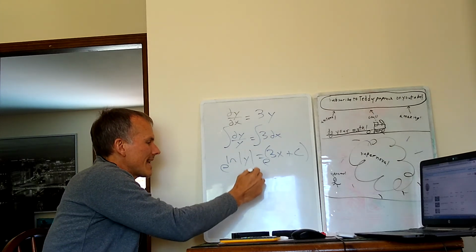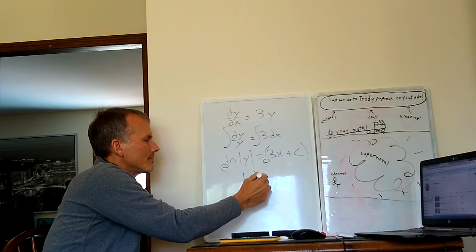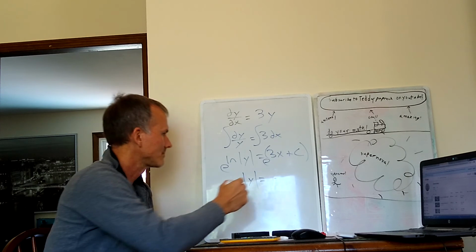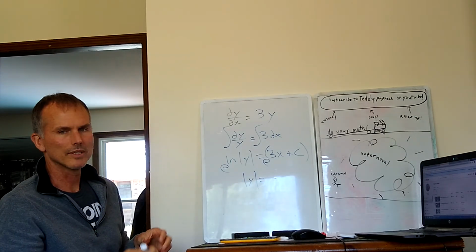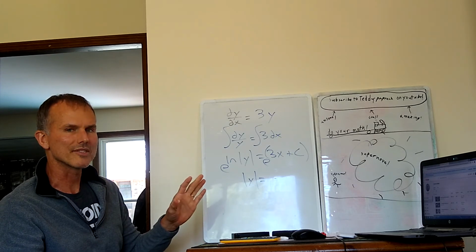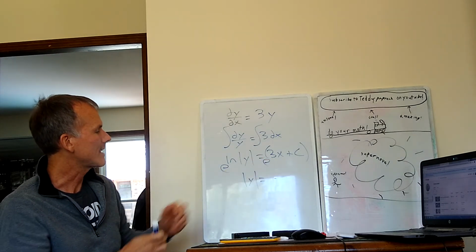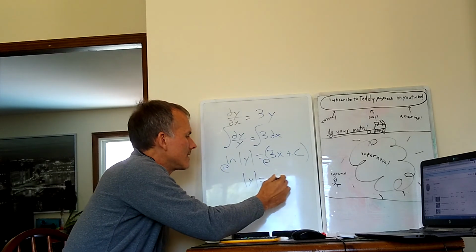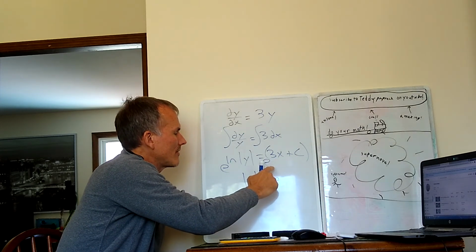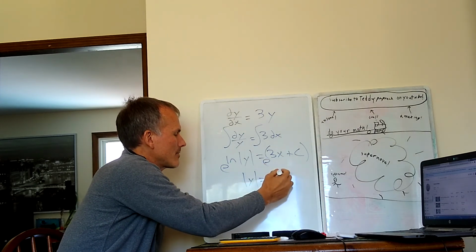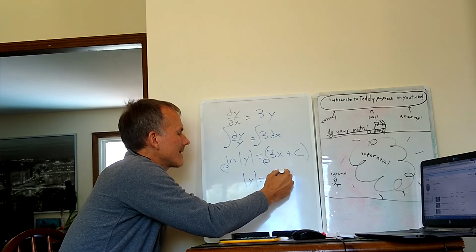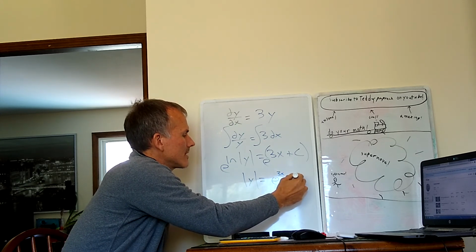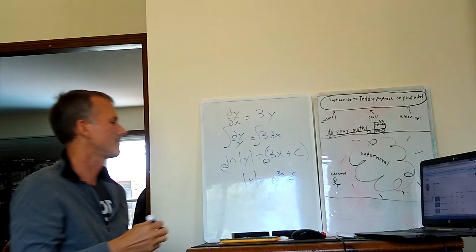So I have the absolute value of y equals, and over here I'm going to use the laws of exponents to change this into e to the 3x times e to the c.